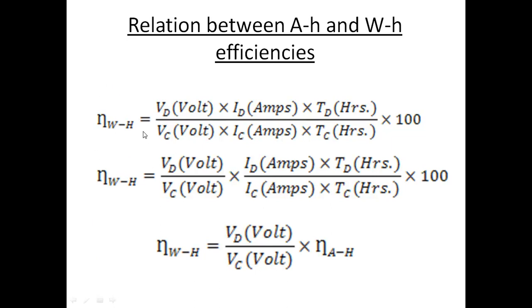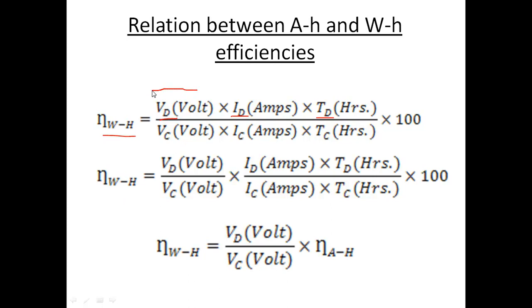Here watt hour efficiency is VD into ID into TD, and ID into TD divided by IC into TC gives us the ampere hour efficiency.